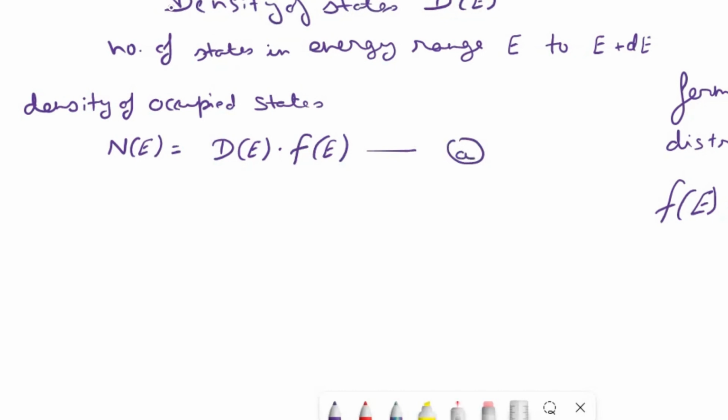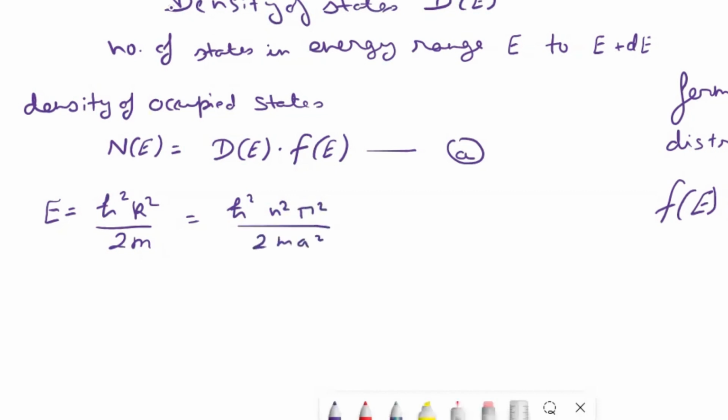And now, as we also discussed previously many times, energy is h bar square k square upon 2m, which is equal to pi square n square h bar square upon 2m a square when the electron is confined. This is equation B.